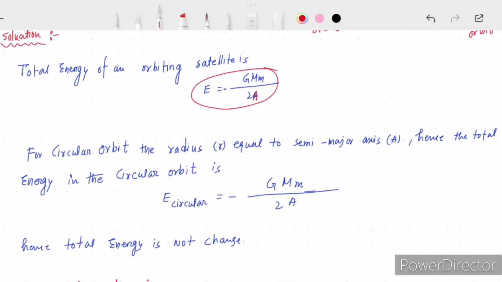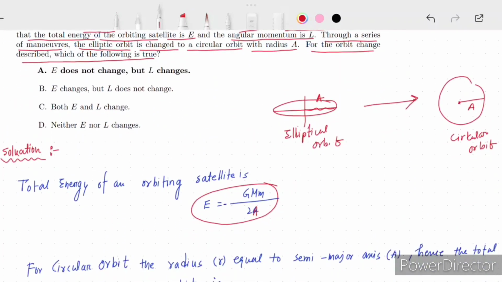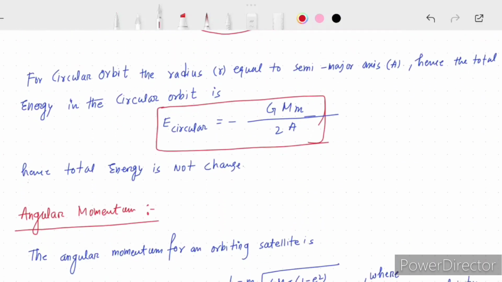When it is revolving in a circular orbit, its energy is the same. So when an elliptical orbit is converted to a circular orbit, the energy does not change. Please remember, energy has the same formula, energy does not change.